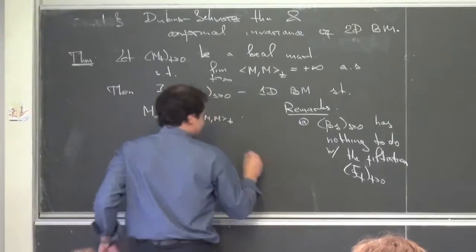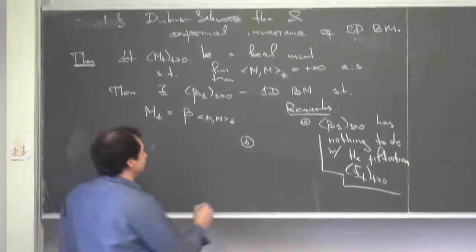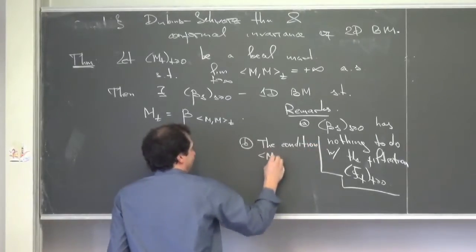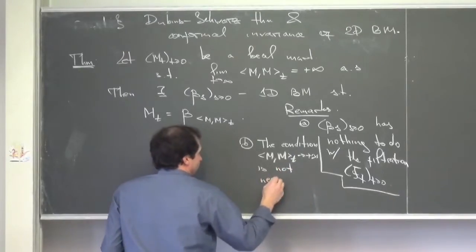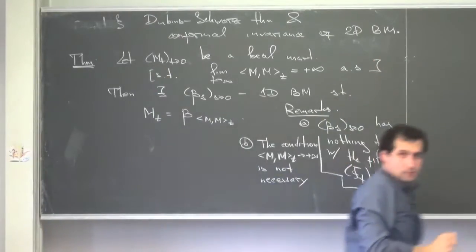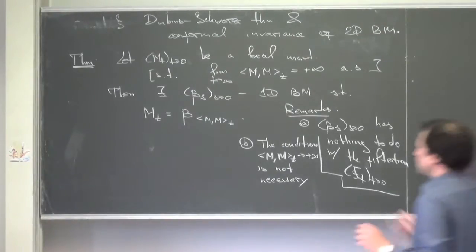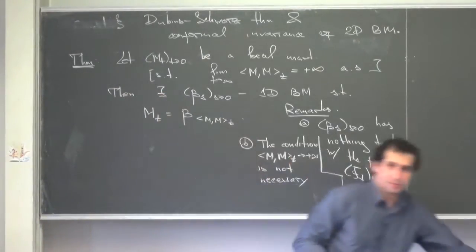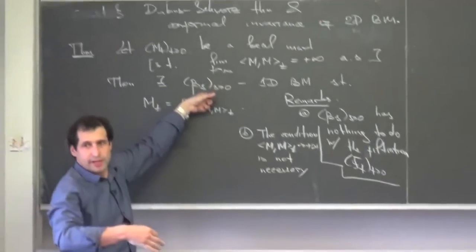And the second remark is that, in fact, this condition is not necessary. But then what happens? If with positive probability this limit is finite, it means that on the Brownian motion side, you have a Brownian motion only up to some stopping time.